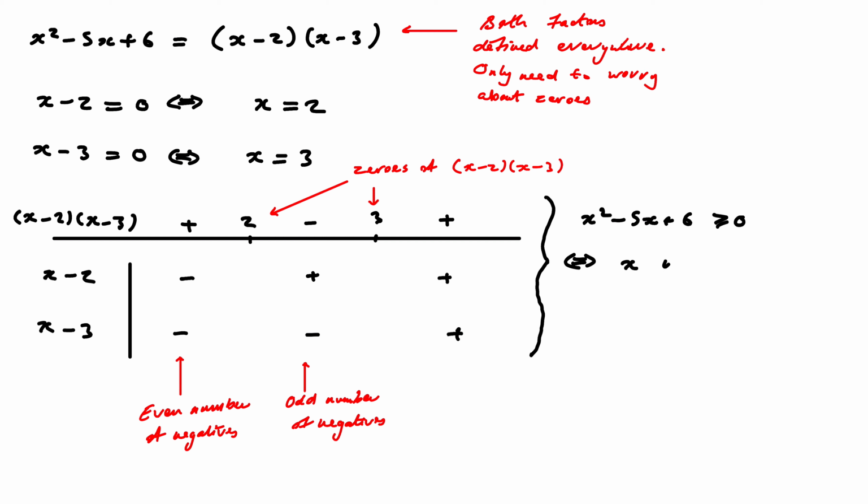So x is in either minus infinity to 2 inclusive of 2, because you could be 0 at 2, or you're in 3 onwards in the positive direction. So that would mean you're in the union of this from 3 onwards.